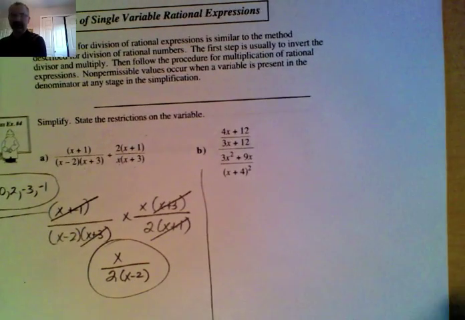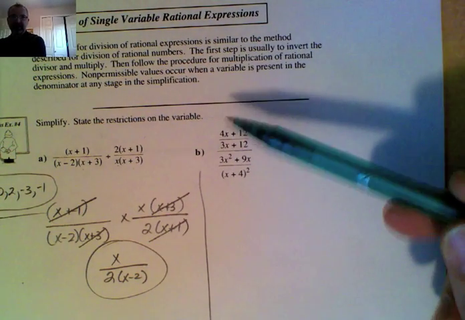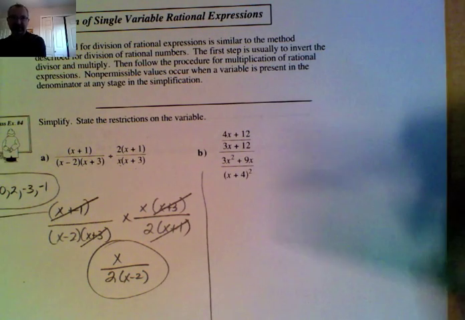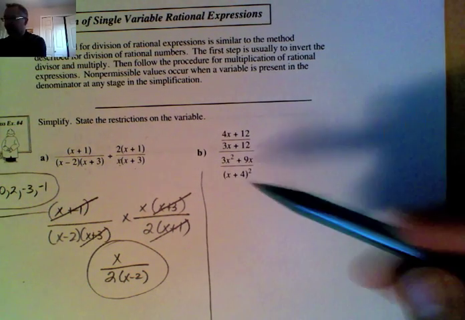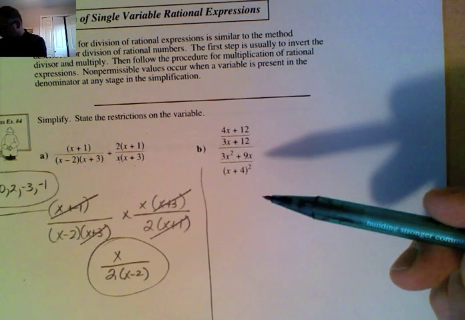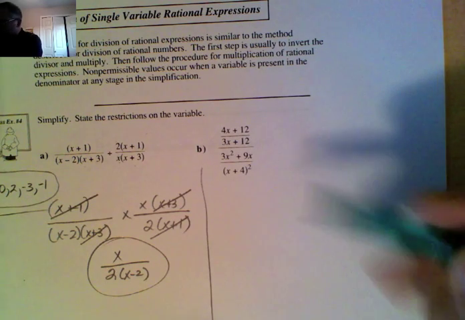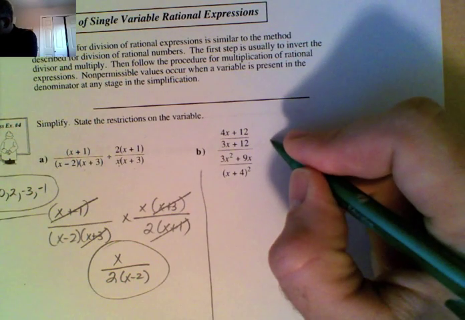If you look at the second example, you're looking at this going, holy smokes, this is a fraction divided by a fraction, this is really complicated. Well, it looks complicated, but really all you have to do to simplify this is rewrite this expression.